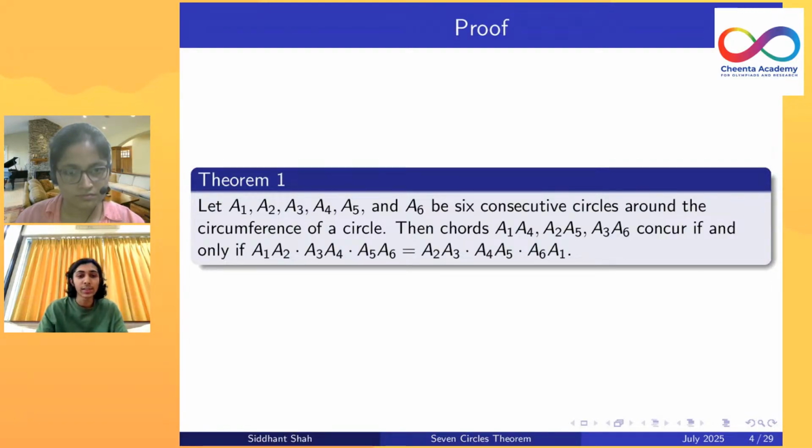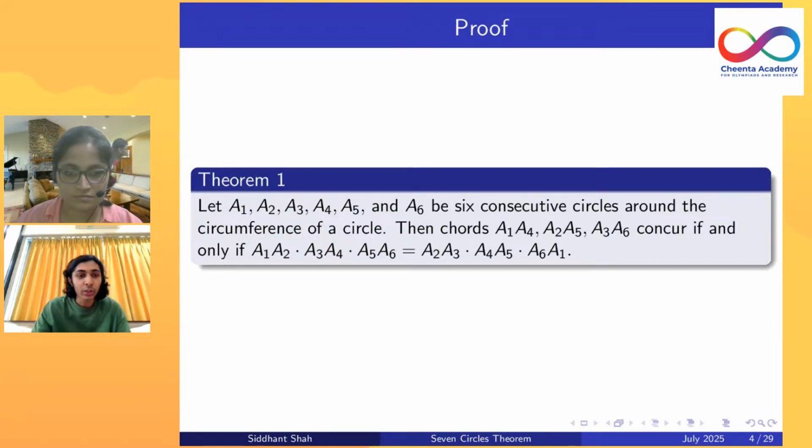The theorem states that let A1, A2, A3 all the way till A6 be six consecutive points around the circumference of a circle. Then the chords A1A4, A2A5, A3A6 concur if and only if A1A2 times A3A4 times A5A6 is equal to A2A3 times A4A5 times A6A1.